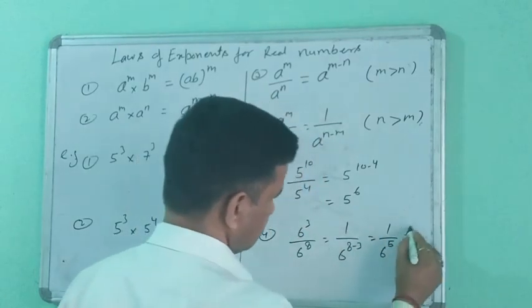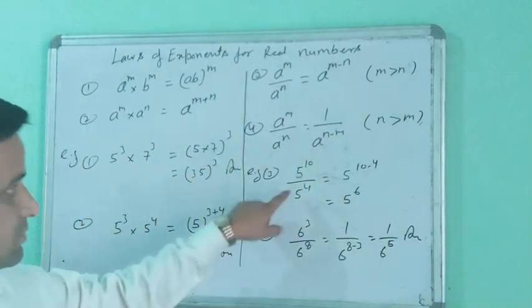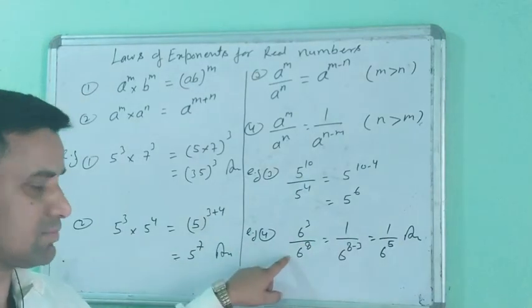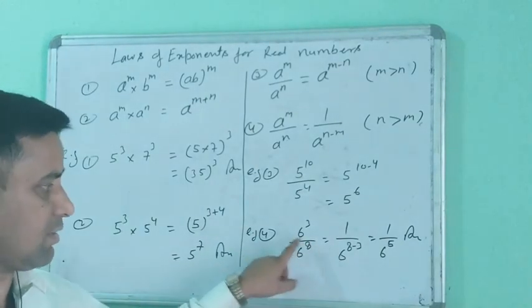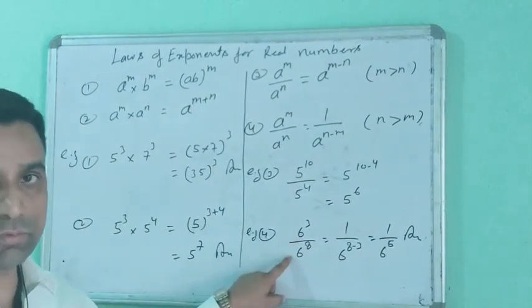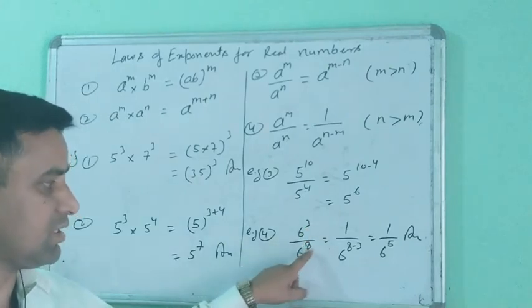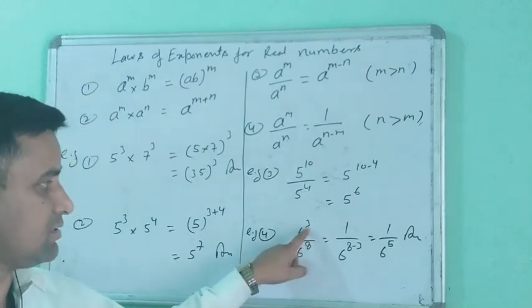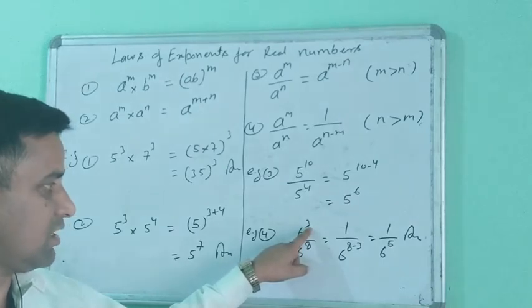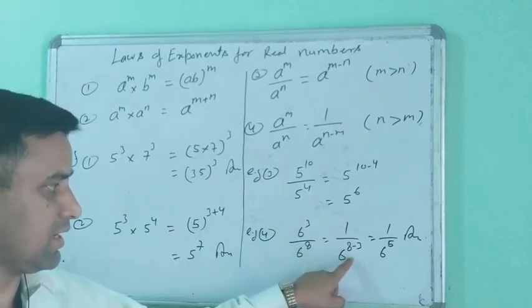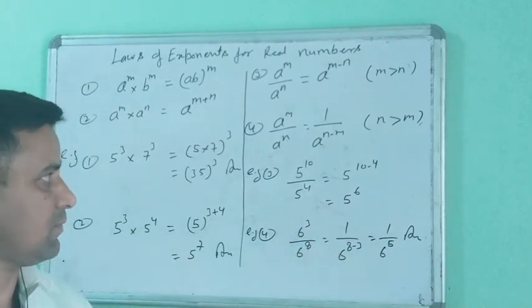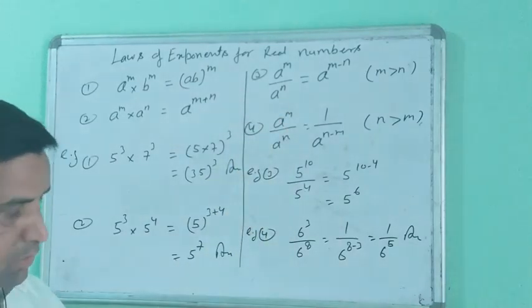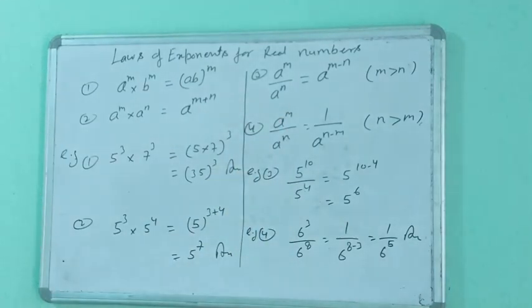So this is your answer. Only the exponent, the power, is required here: 8 minus 3 is 5. According to this way you can solve. If you just note this down, then next.